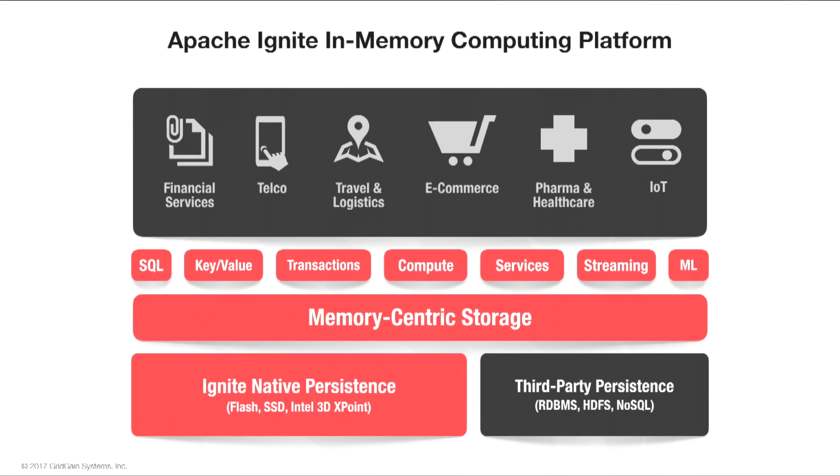And on top of this memory-centric architecture that is distributed by nature, so all this memory that is shown on this picture is supposed to be distributed across a cluster of machines you have, you can use a variety of different APIs without any limitations. Like for the IoT scenario, in my personal experience, it would be useful to use SQL, compute grid, and machine learning, depending on the complexity of the solution you are building.